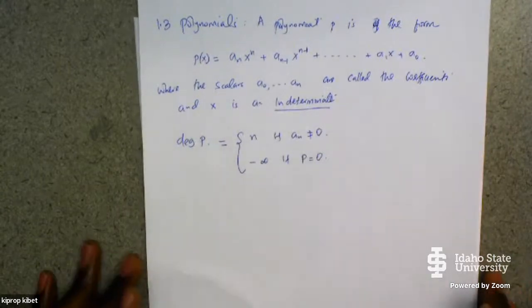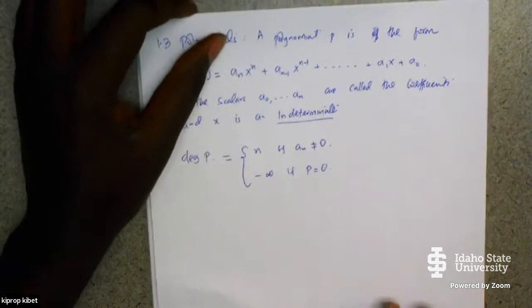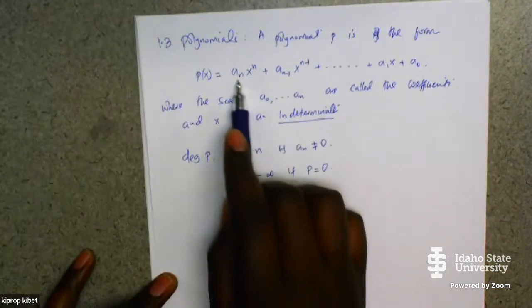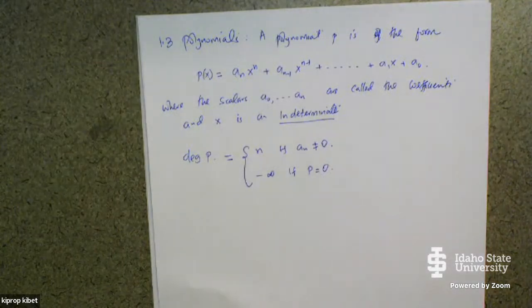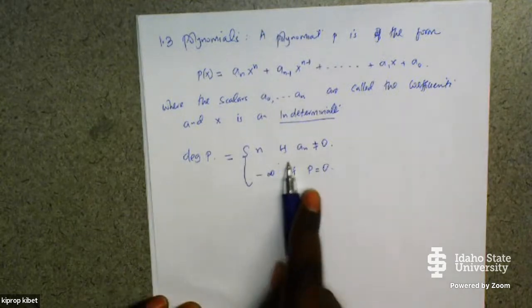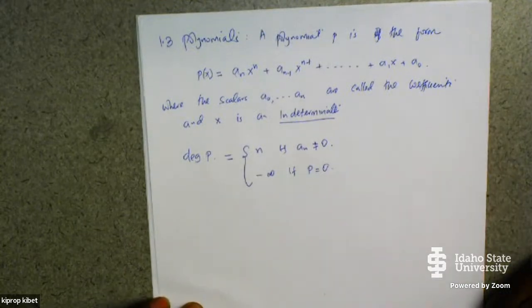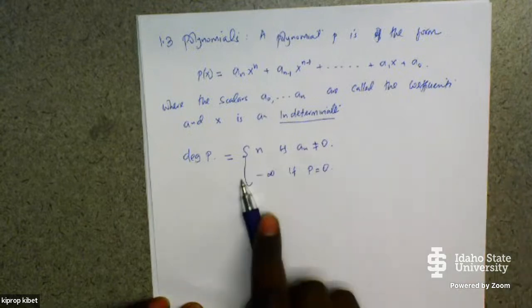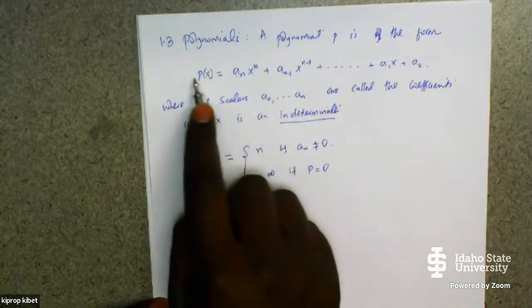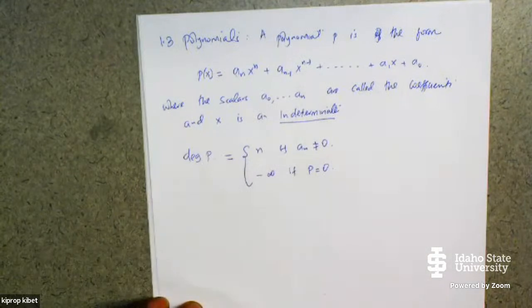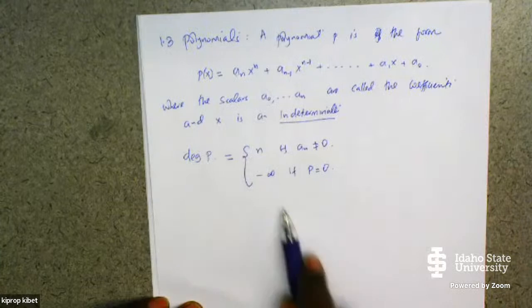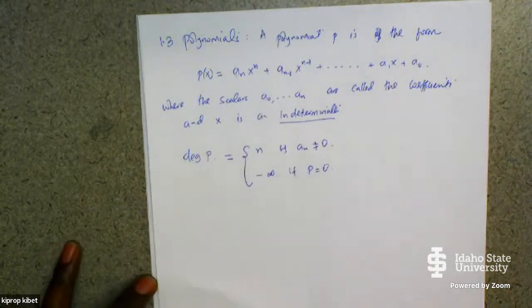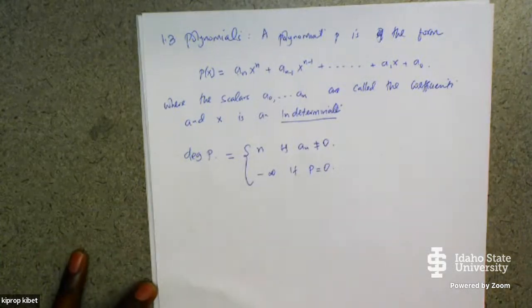And then we say the degree of P is n if An, the highest power of X in the polynomial, is not equal to 0. And it is minus infinity if P is 0. So if the polynomial is equal to 0, then its degree is negative infinity.